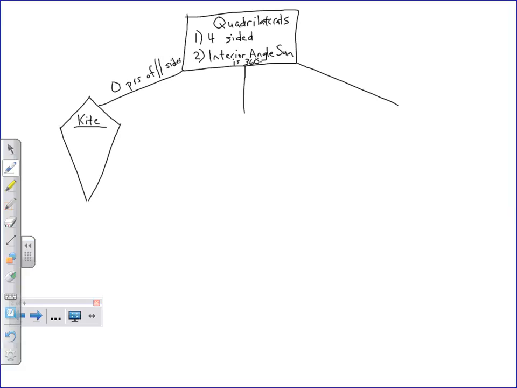A kite has 3 factors. I'm going to write them off to the side because they get kind of long. The first factor for a kite is that exactly 1 diagonal bisects a pair of opposite angles.